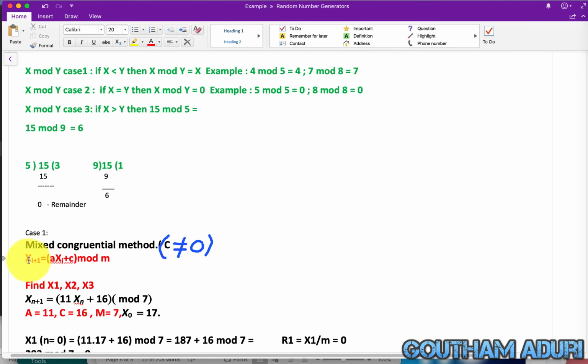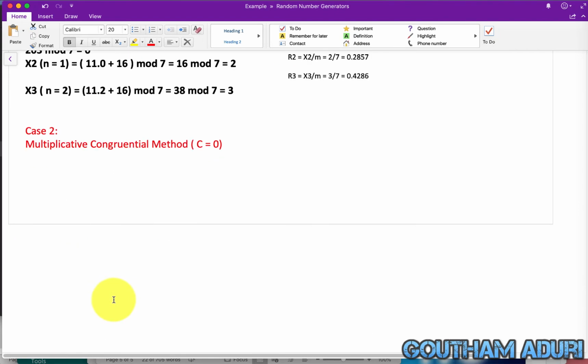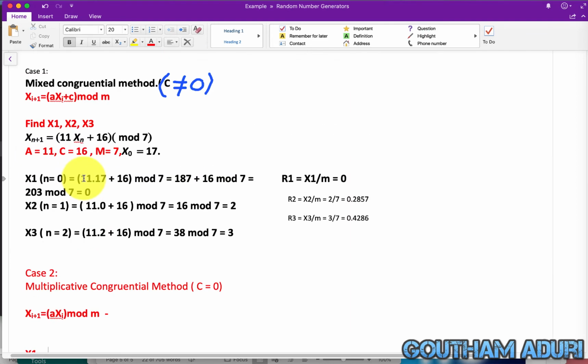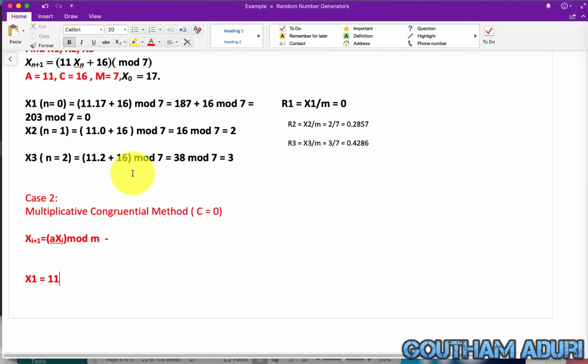From equation 1, when C equals 0 it becomes A xi mod M. So this is called the multiplicative congruential equation. I need to find x1, x2, x3. So x1 is nothing but A. A is 11, times the initial value.